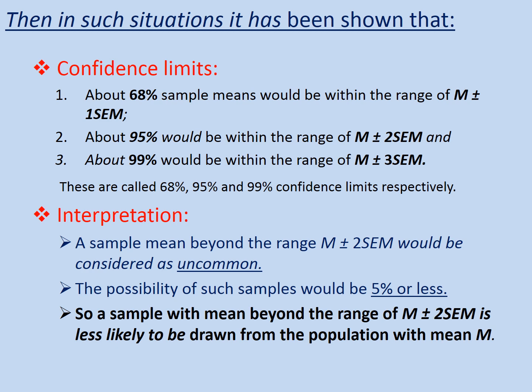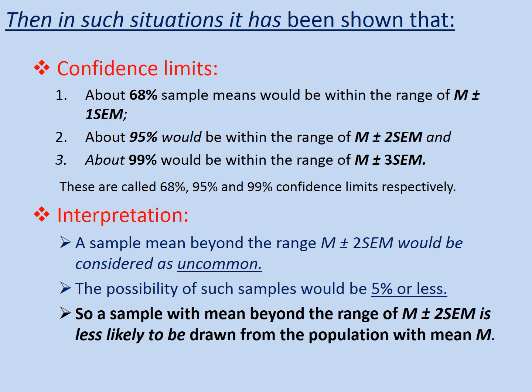Okay, so this is how you can comment that 68% of the sample means would be within the mean plus or minus 1 SEM. Second, if you take mean plus or minus 2 SEM, 95% of the sample means will be within this range.